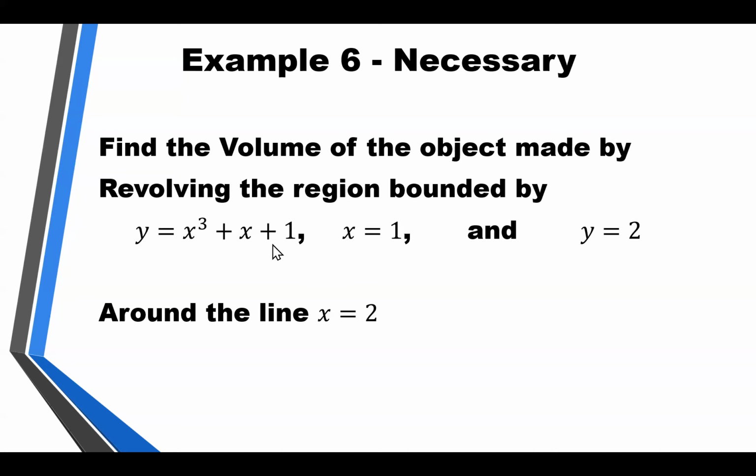So I don't want to use the disk method because I'd have to integrate with respect to y. But the shell method works just fine because integrating with respect to x, I can use directly the x to the third plus x plus 1 as my height. Let's graph this and then do the problem.